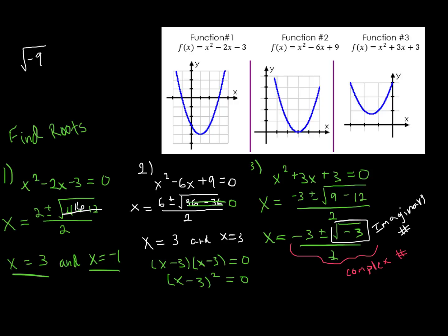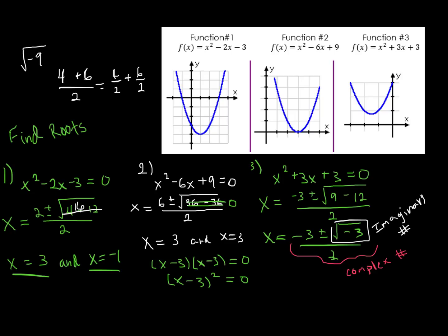And to make this really clear, what I want you guys to remember is that if you have something plus something divided by 2, you can divide each by 2 separately and then add. I'll give you an example to illustrate this. If I have 4 plus 6 divided by 2, that is the same as 4 divided by 2 plus 6 divided by 2.